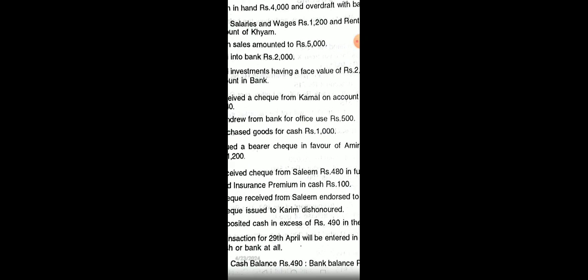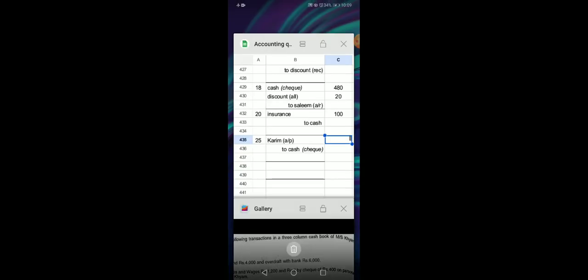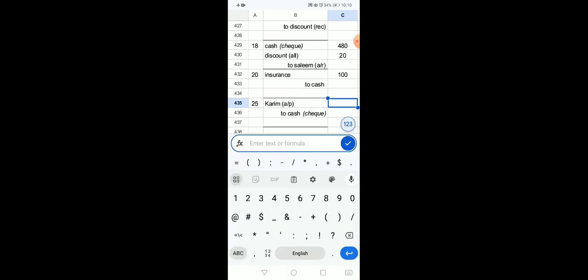Let's see how much amount, which entry we are on. 25. The 25th amount is not mentioned. It is 520. I think you can see it, 520. This was full settlement, and you know that full settlement means the total amount that was payable to Kareem. It was 520. So you will write 520 over here. There is printing, cutting.